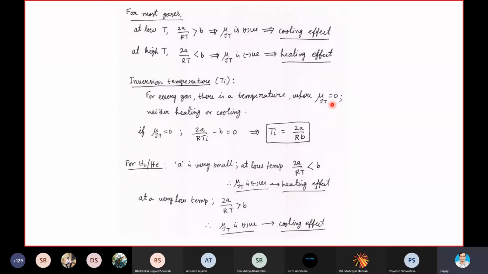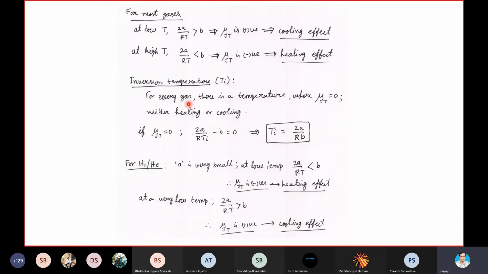This you should note down: the inversion temperature is the temperature where there is neither heating nor cooling, and at that point μ_JT should be equal to 0. The gas will behave like an ideal gas at that particular temperature and pressure.